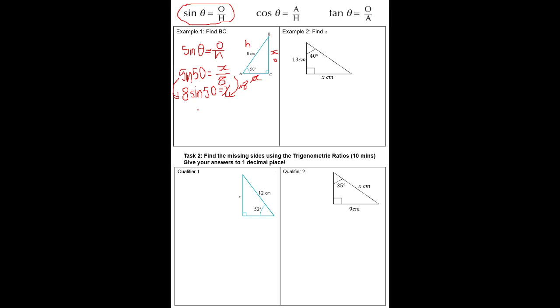So use an actual proper one. Okay. And you're going to type in 8, you can type it all as one thing, sine 50, and that's going to give you the length.